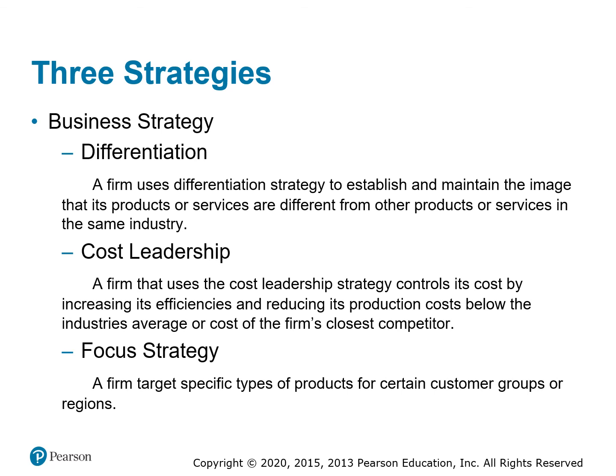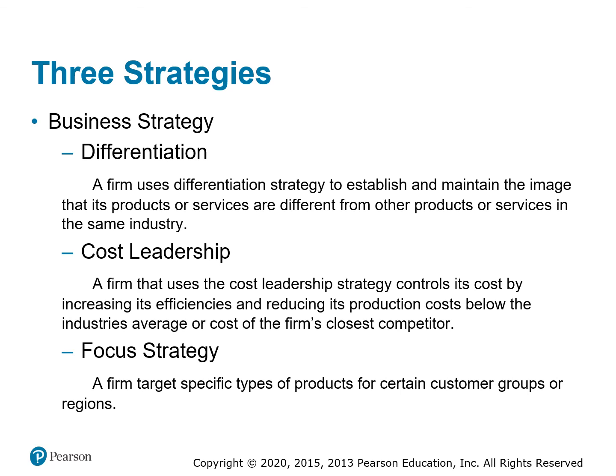This strategy focuses on specific businesses, subsidiaries, or operating units within the firm. The business strategy refers to the actions and decisions that a firm takes to reach its goals and gain competitive advantage. There are three forms of business strategy.